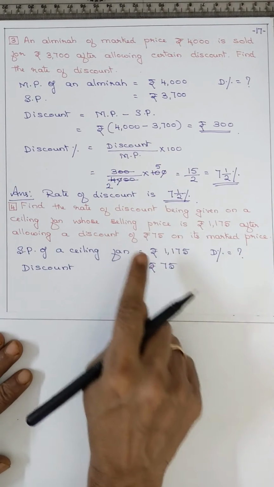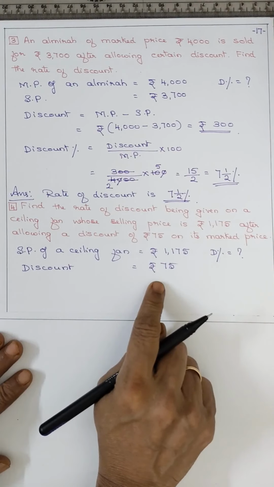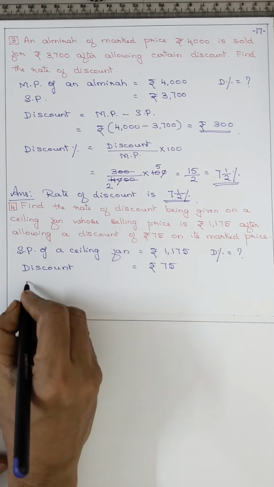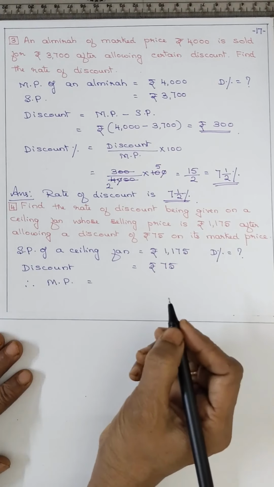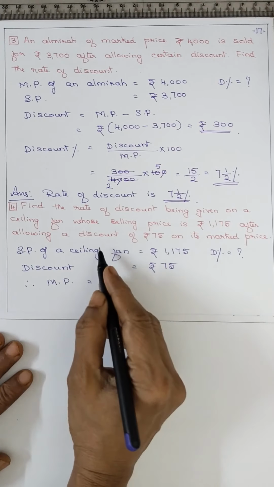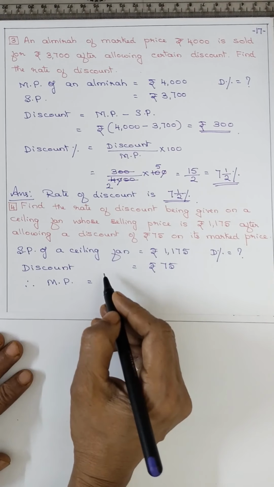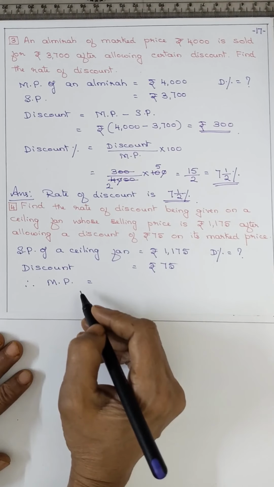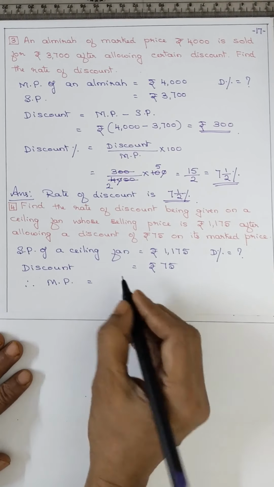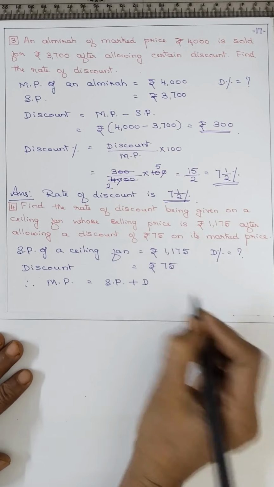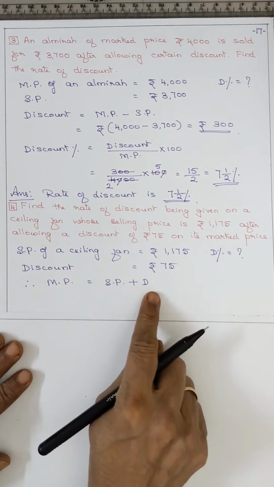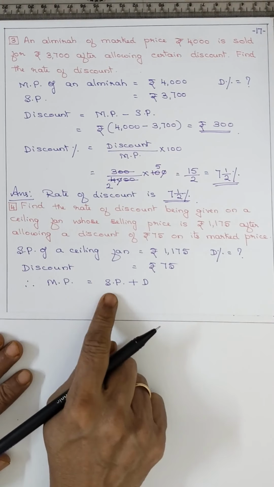So here MP, is it given? No. So find out MP. Therefore MP is equal to, what is the formula? When SP and discount are there, MP is the greater one, isn't it? So that is SP plus discount. Discount is equal to MP minus SP.